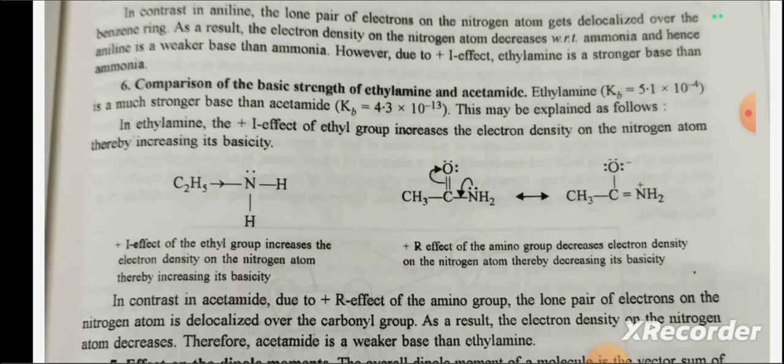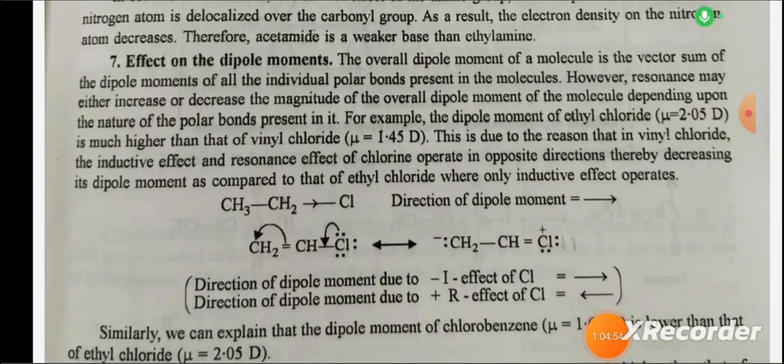Effect on dipole moment. The overall dipole moment of a molecule is the vector sum of the dipole moments of the individual polar bonds present in the molecule. However, resonance may either increase or decrease the magnitude of the overall dipole moment of the molecule depending upon the nature of the polar bond present in it.